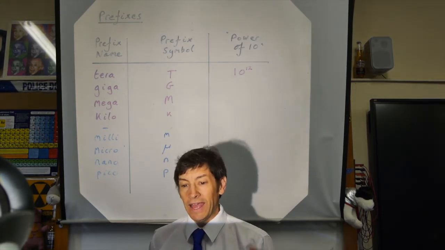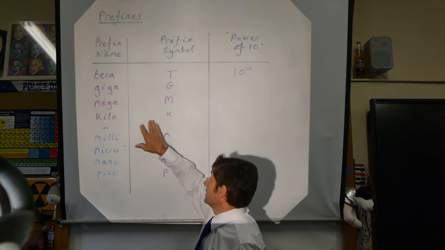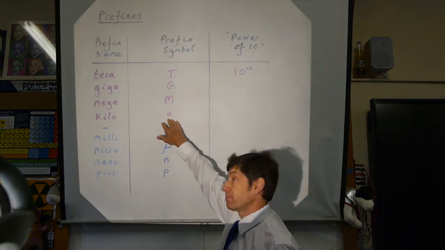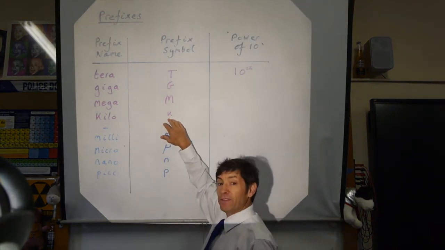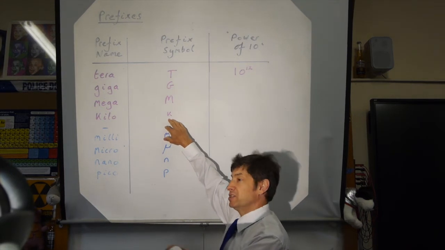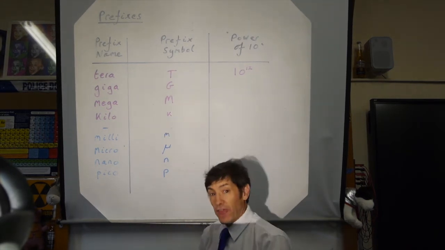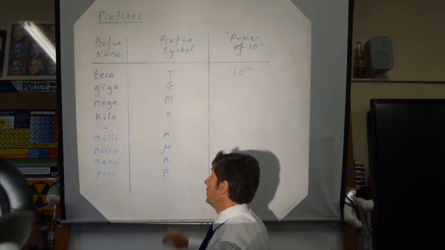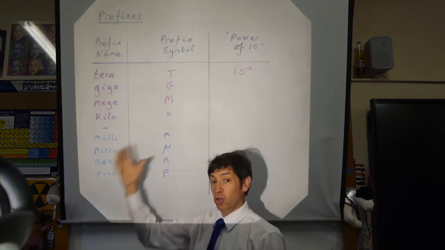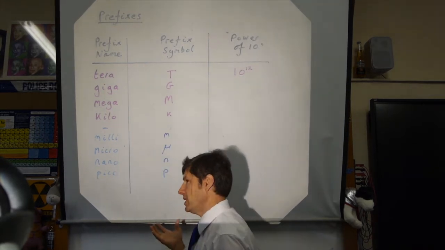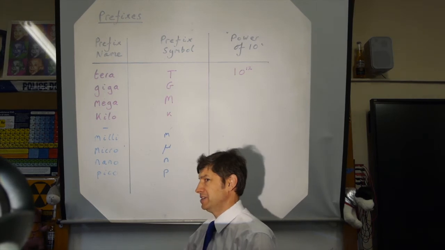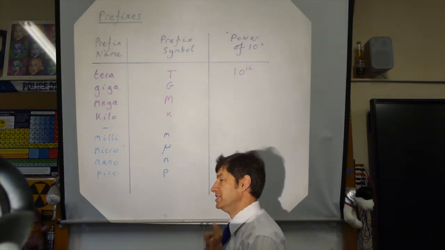We add the prefix kilo in front of it, and that will make the number we write down smaller. So instead of writing 3,000 meters, we can write down 3 kilometers. But then we can't put 3 into our calculator unless we know what we're doing.